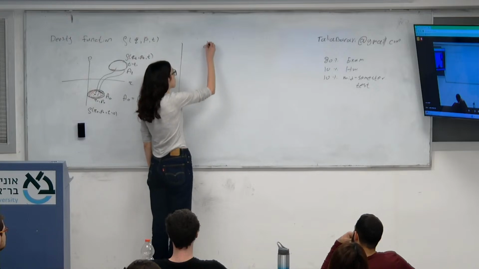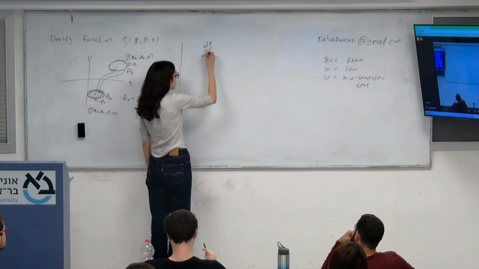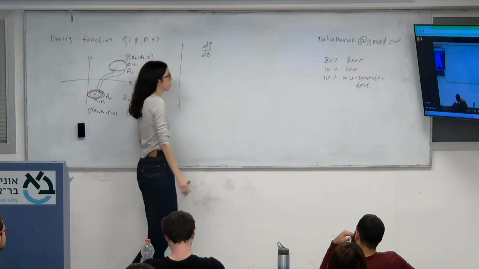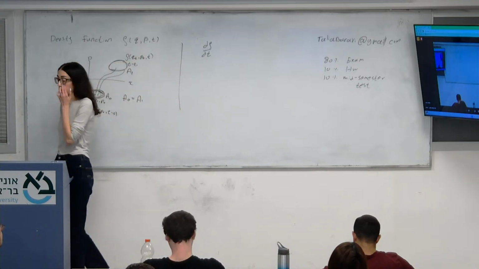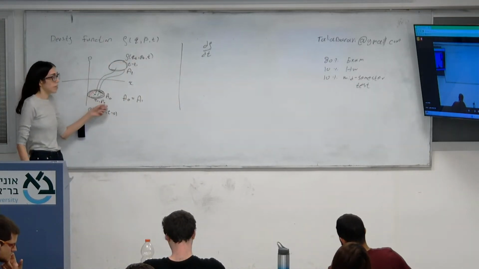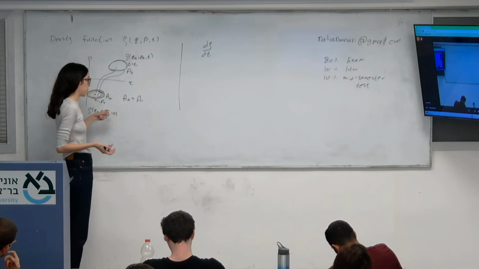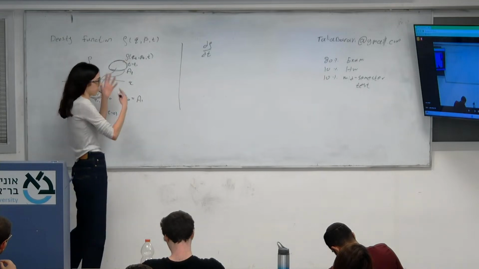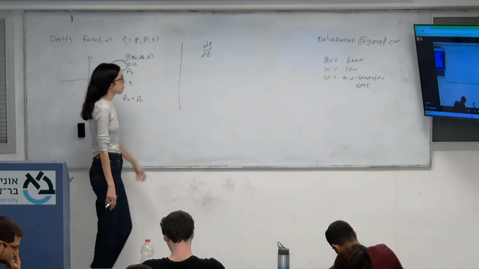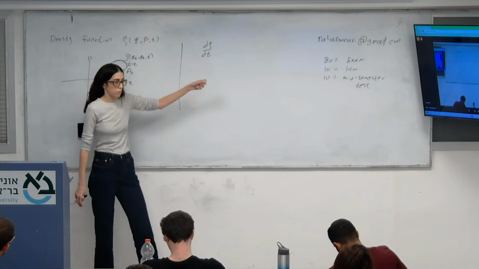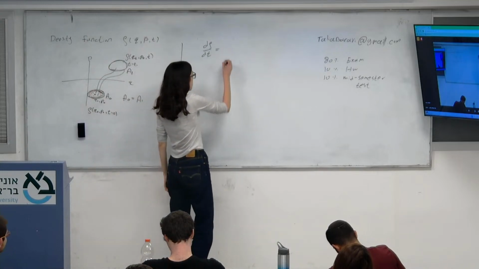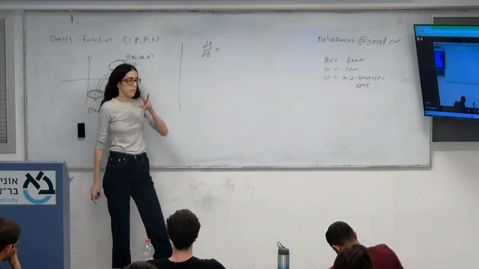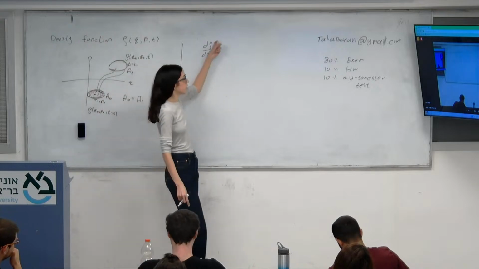So let's look at the full derivative, the complete derivative, of rho with time. I still didn't say anything specific about this function. I just defined that this function exists. If I look at the full differential of rho with time, there are two things that can change the density function.